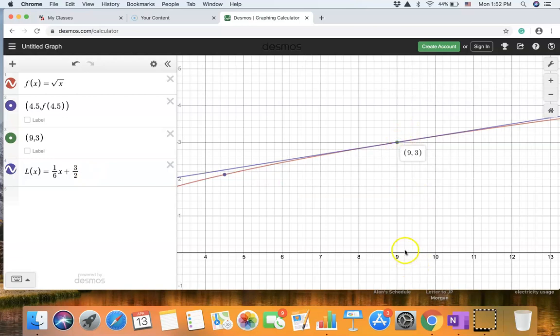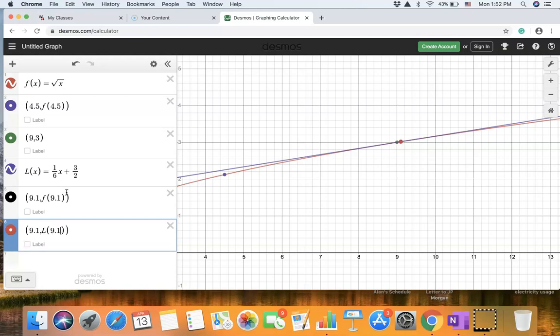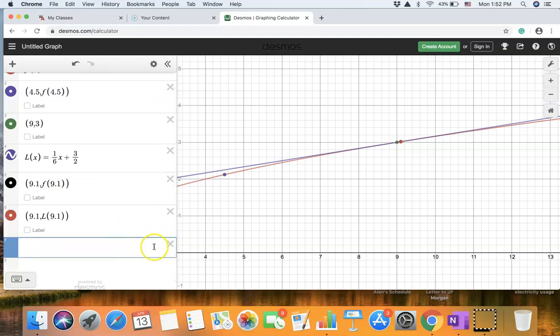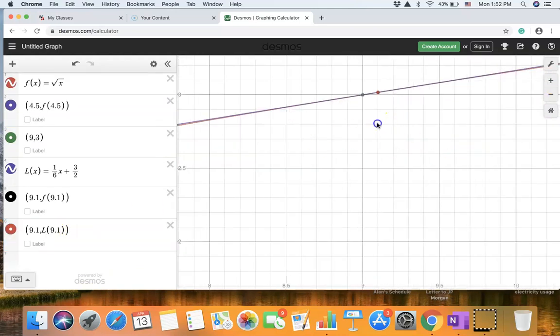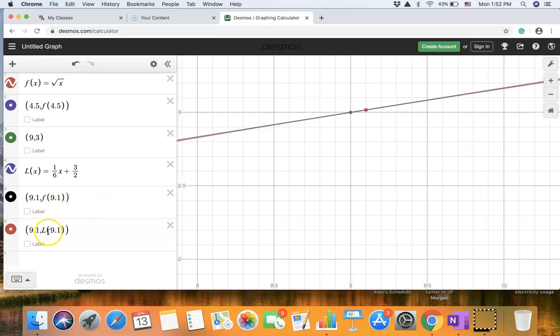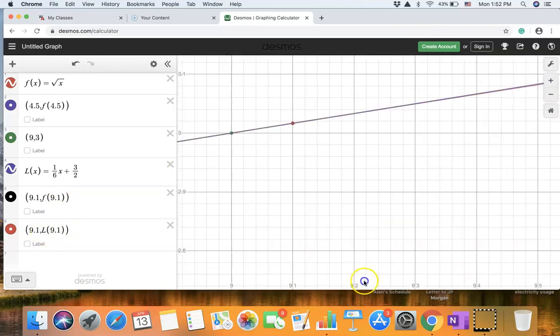Now we can say when x equals 9.1, the function value f of 9.1 and L of 9.1 are very close.